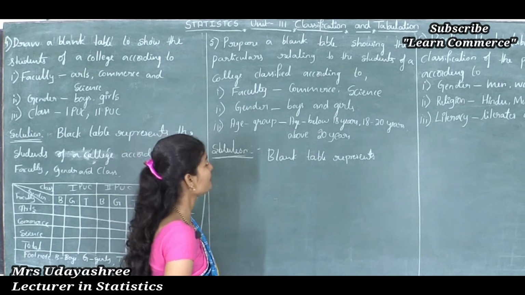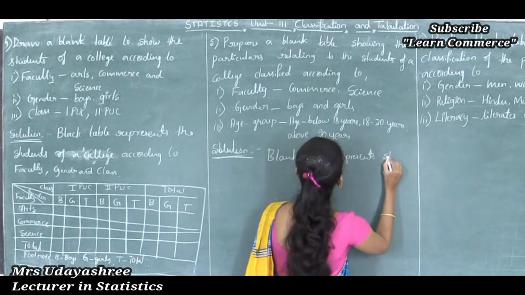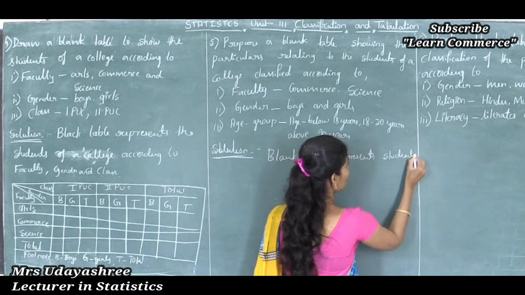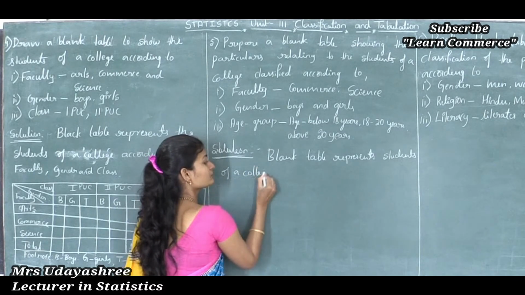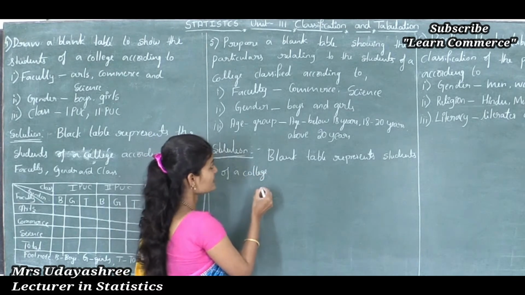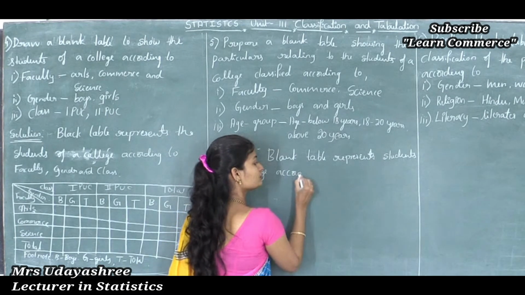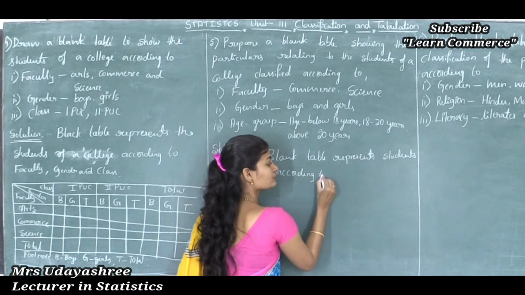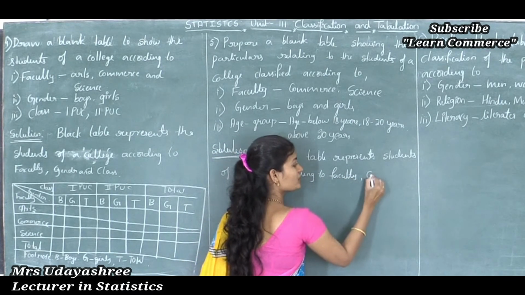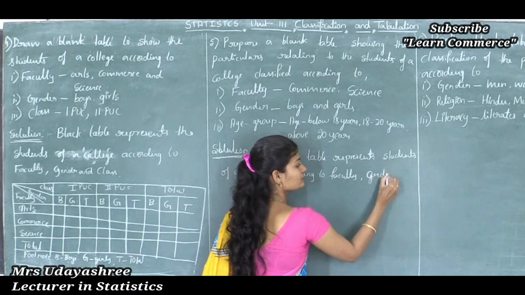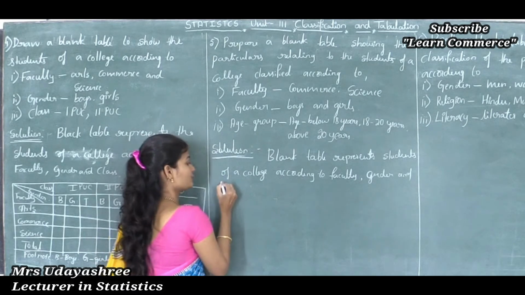So the blank table represents students of a college classified according to faculty, gender and the last one is age group.